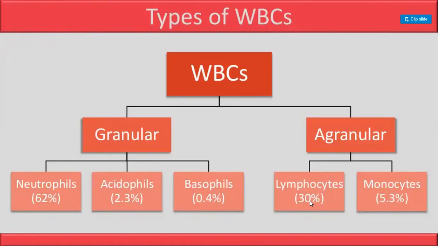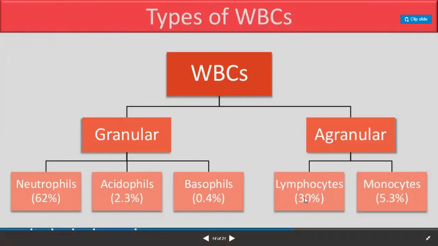And these values will help you know what kind of infection you have, because each of these white blood cells responds to a specific kind of infection. For example, somebody with a viral infection should have an increase in lymphocytes. Now, remember that these normal values are what you find in the blood when there is no infection.